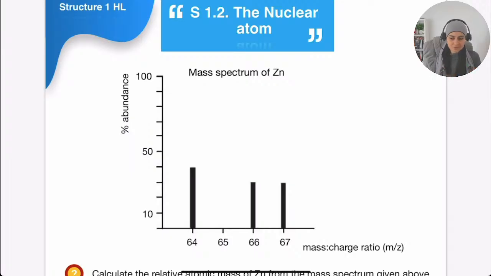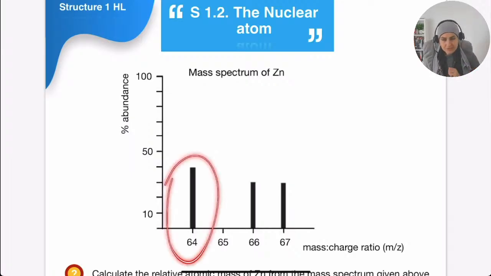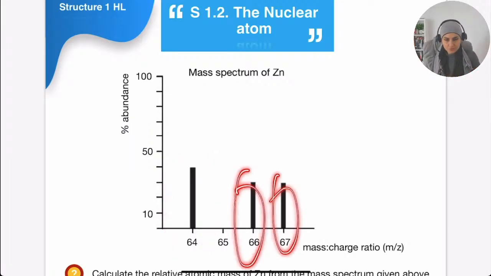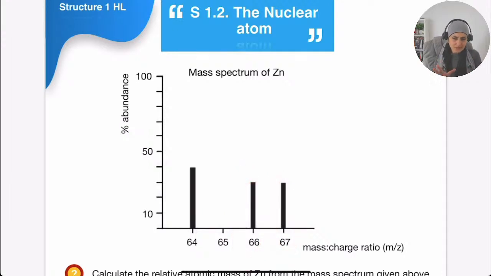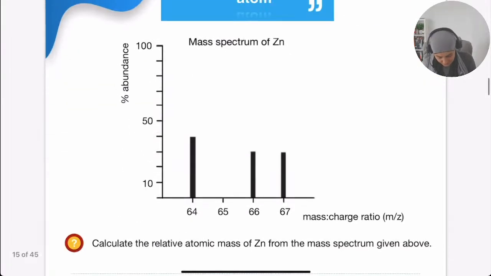So from this mass spectrum, we know that we had, in our sample of zinc, 3 isotopes. So we have an isotope with a mass number of 64, and this is its abundance, it's 40%. We have an isotope with mass number of 66, and its abundance is approximately 30%.